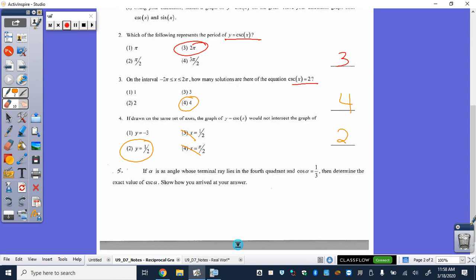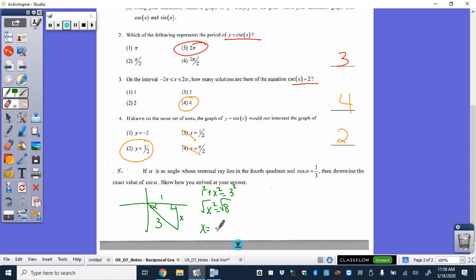And then if A is an angle whose terminal ray lies in the 4th quadrant, cosine is 1/3, so I'm going to start drawing myself a picture. Here's my angle, cosine is 1/3. Determine the exact value of cosecant theta. So I first got to find my missing side using Pythagorean theorem. 3 squared is 9, minus 1 gives me 8.